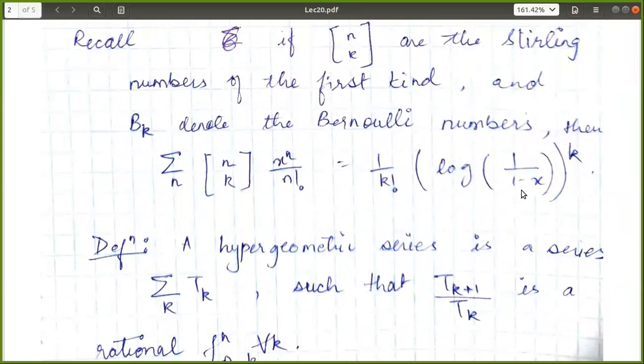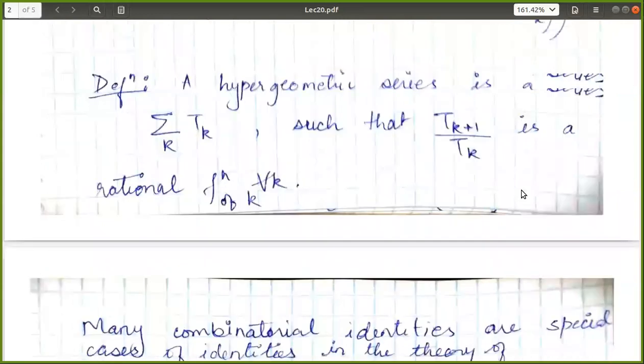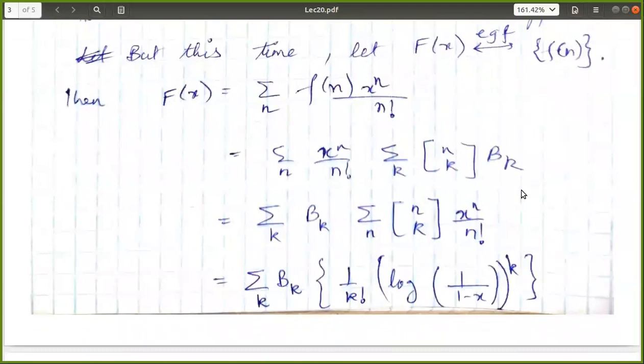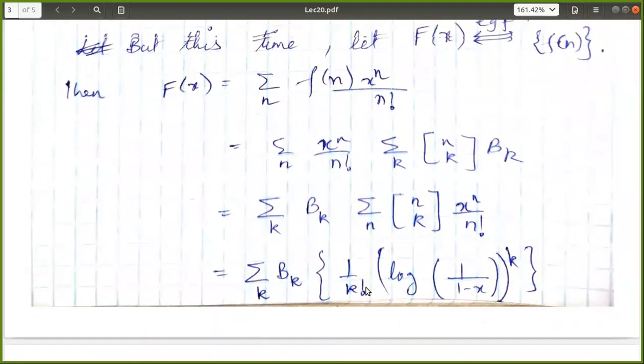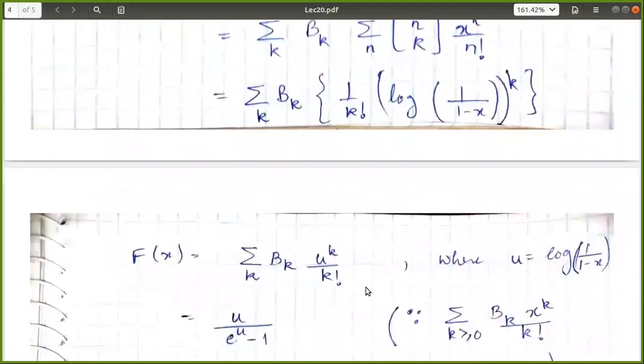With this I get this expression, and now if I take log of 1 upon 1 minus x as u, what I actually have is the summation over k of B_k u raised to k over k factorial.